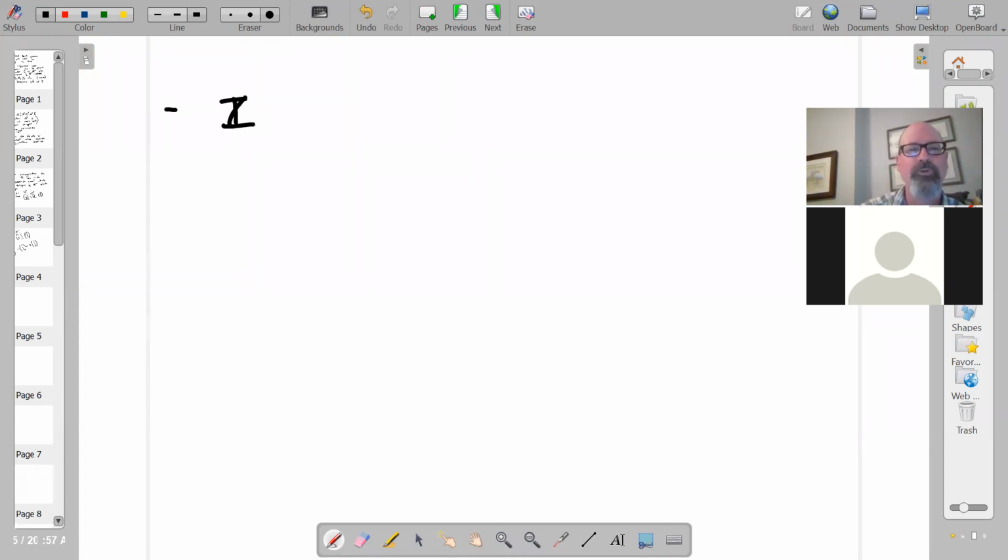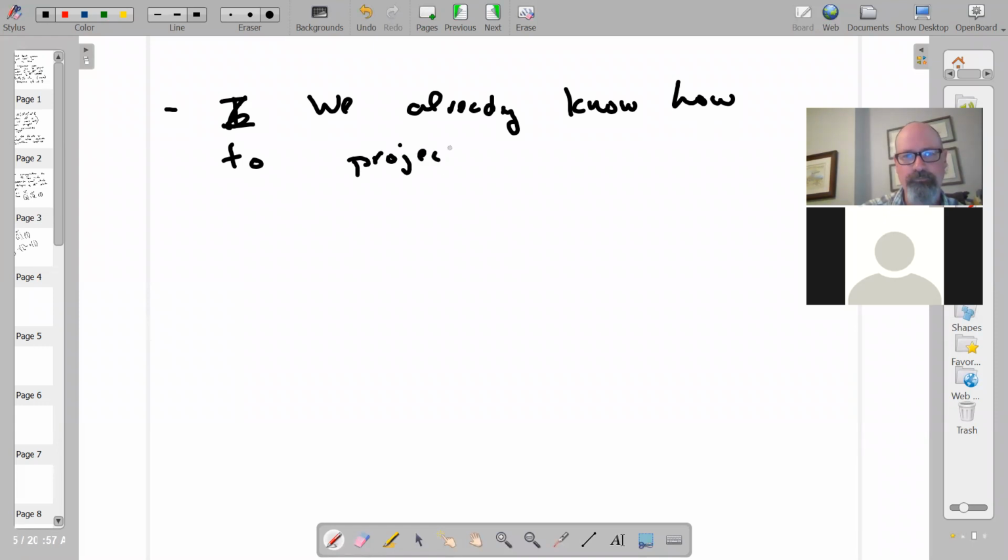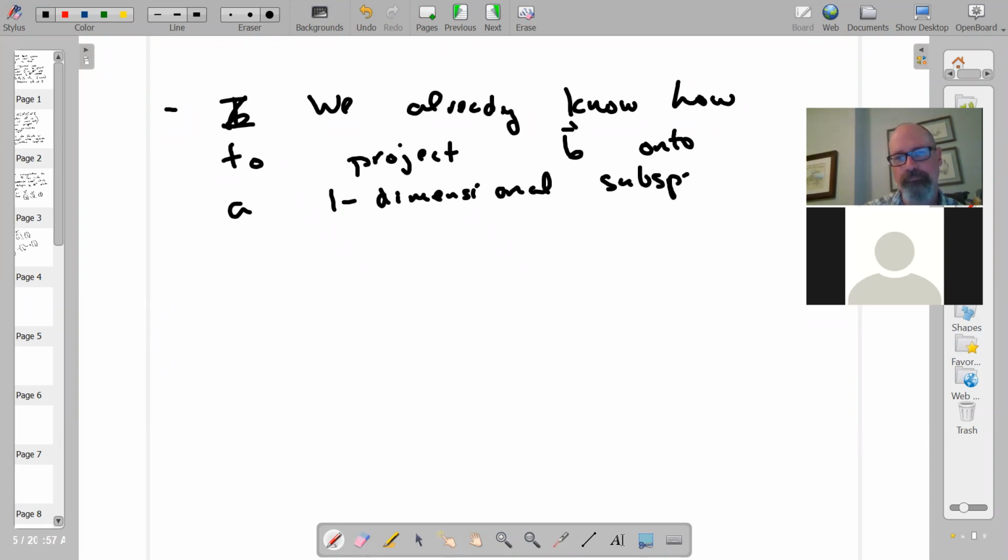We already know how to project a vector B onto a one-dimensional subspace. And that's because the trigonometry of the situation basically forces a certain formula.